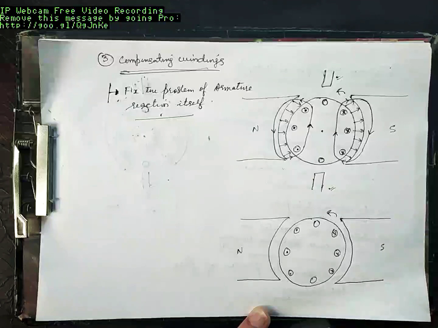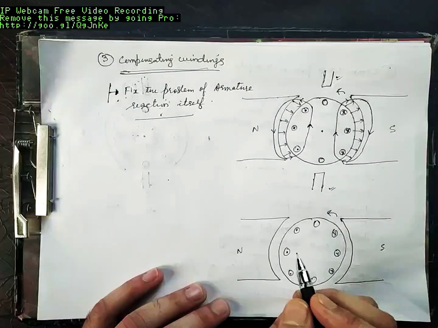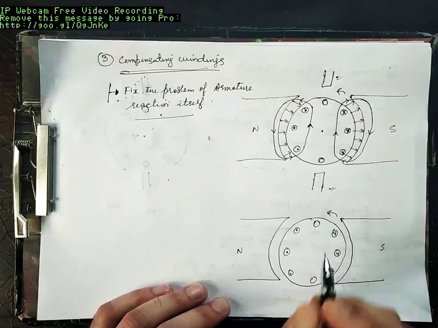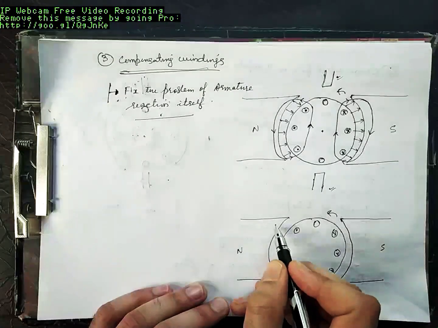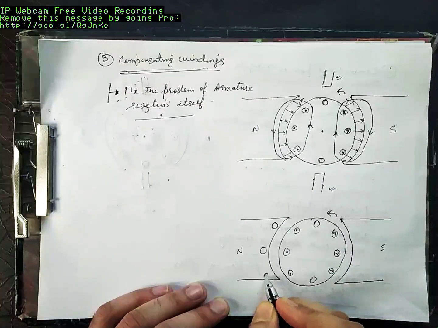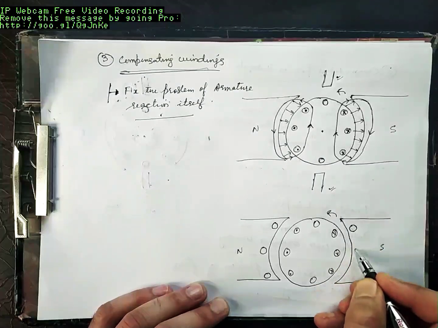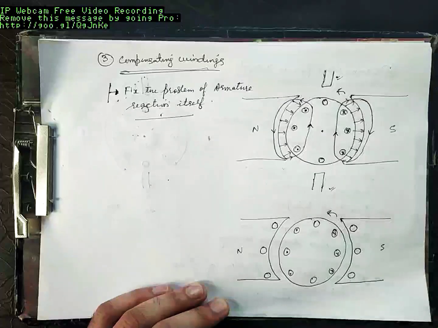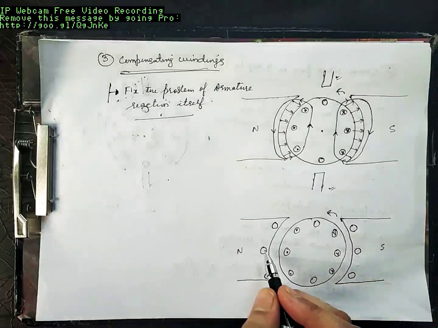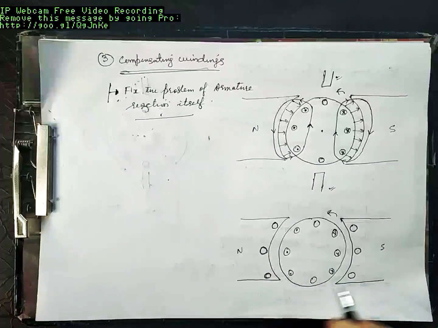North pole, south pole. Compensating windings are basically windings, or conductors, buried inside the main poles of a DC machine.